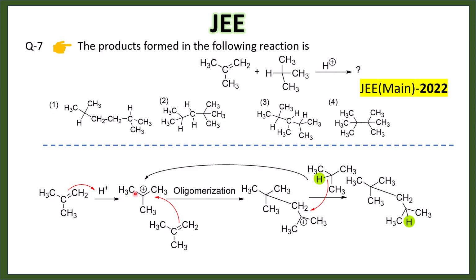The double bond again moves, and positive charge forms here, and because of the reducing nature of isobutane, a hydride shifts to this carbocation and gives the product. So the correct option is this one. Again from here this carbocation is generated and undergoes reaction.